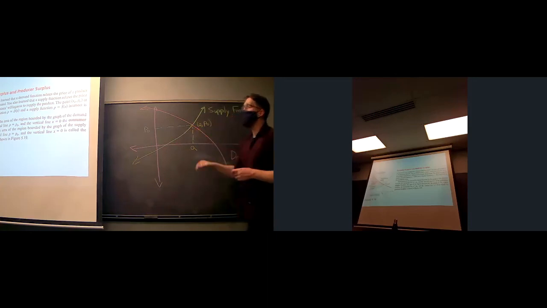We're going to say that the area underneath the line y is equal to P naught, the area underneath it is the producer surplus.